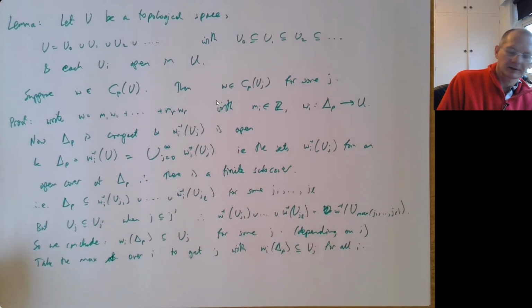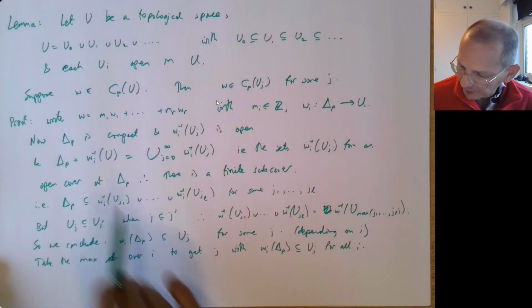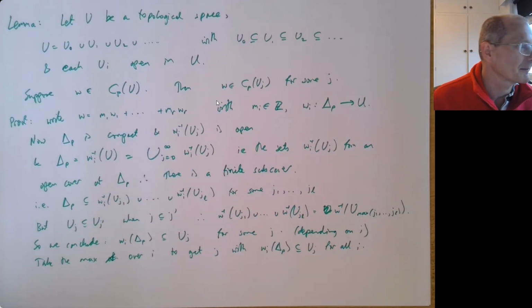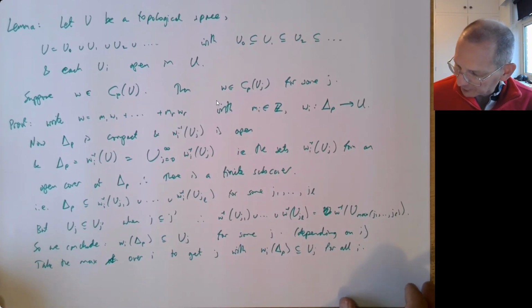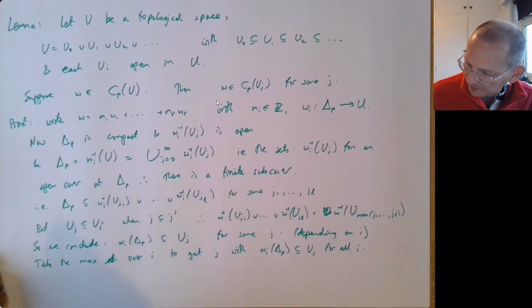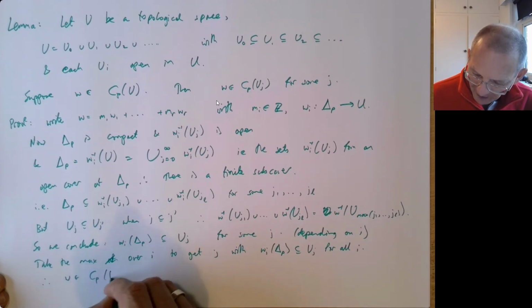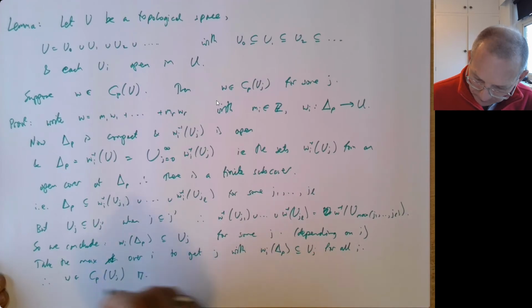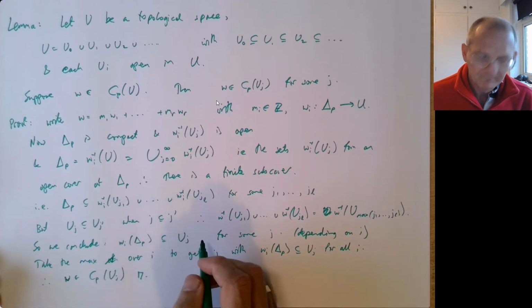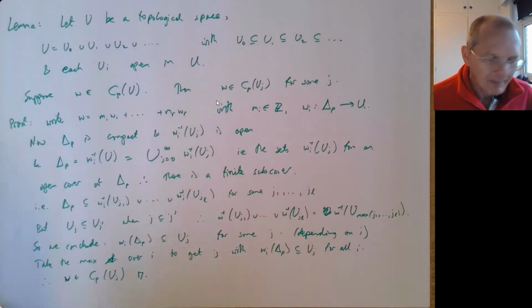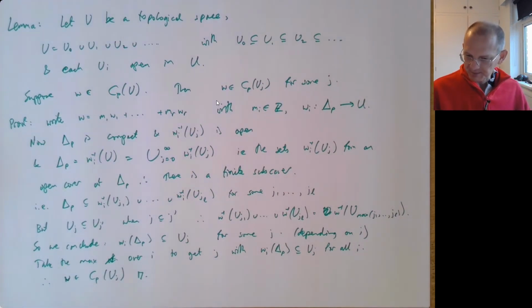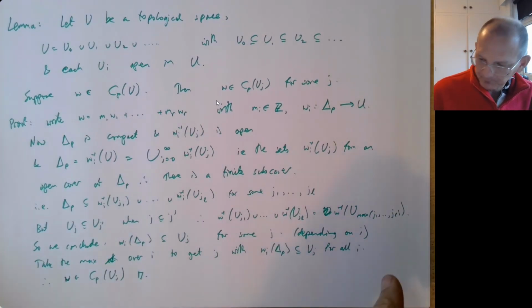But if you've only got finitely many of these W's, you take finitely many of these j's, you take the max of them, and so now each of these W_i delta p's are in U_j, and that means that W can be regarded as a chain in U_j. So it's the compactness of the simplex which is the key to all this.